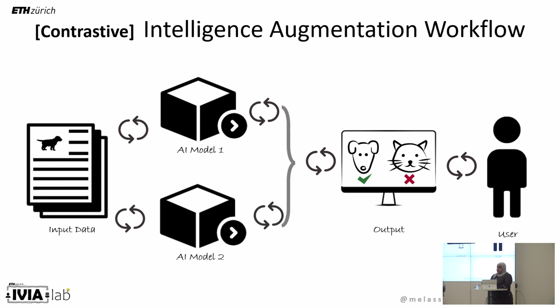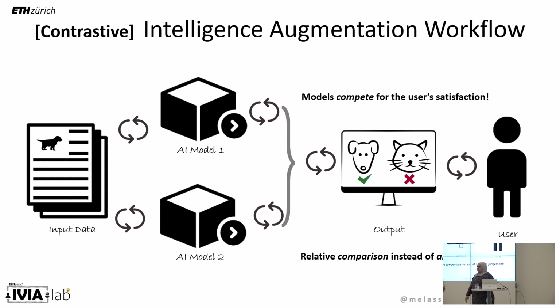We can train 2 different models and allow them to compete for the satisfaction of the user. And instead of asking users whether they think the output of one model is good on a scale from 1 to 10, we ask the users, do you think this model is better or that model? This is a cognitively much better task to address and also gives us something quite learnable for the model. For example, we can use reinforcement learning to train a model to progress in that way.